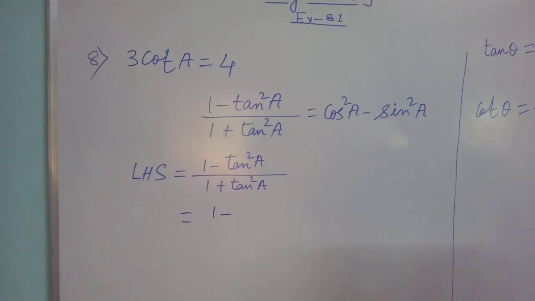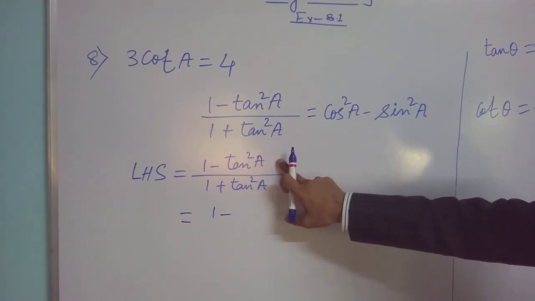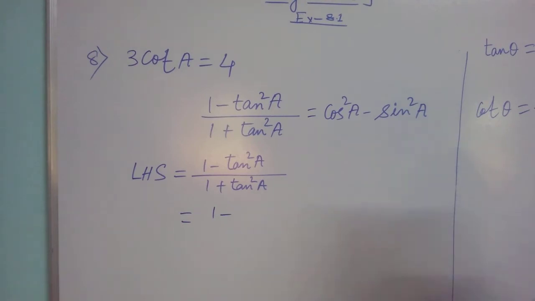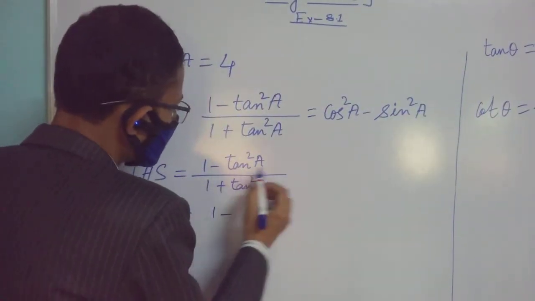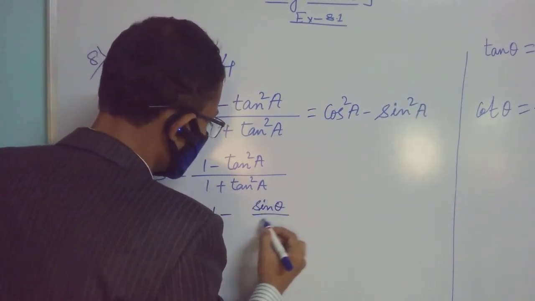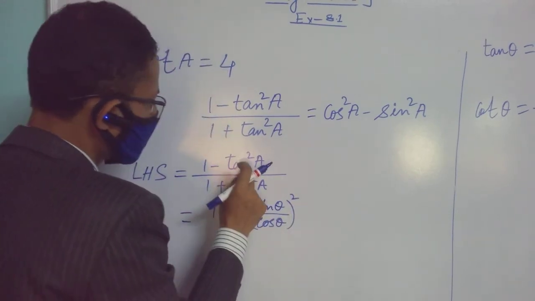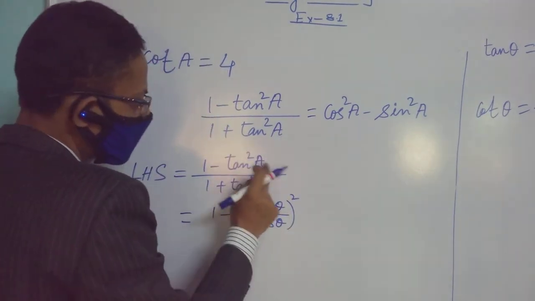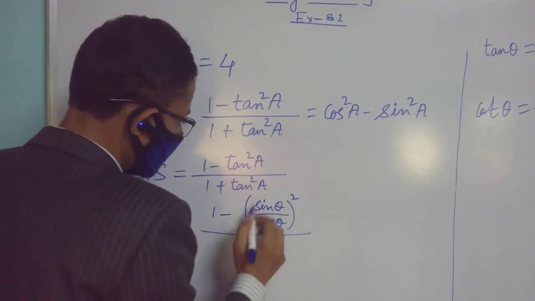In the numerator just substitute that value, sin theta over cos theta. Tan square theta is tan theta whole square, tan square A is tan A whole square. So that's why we can write it like that.